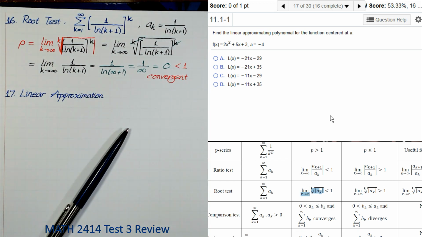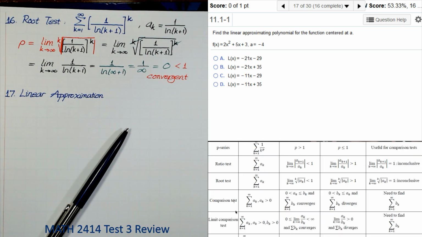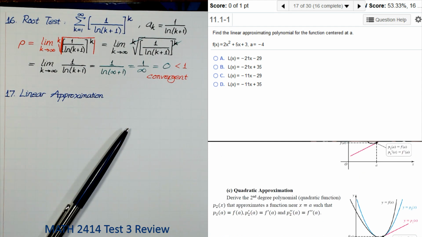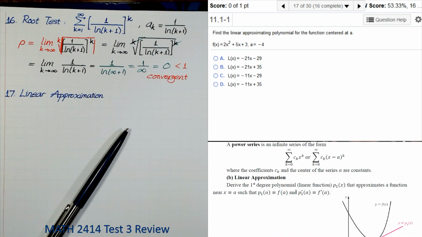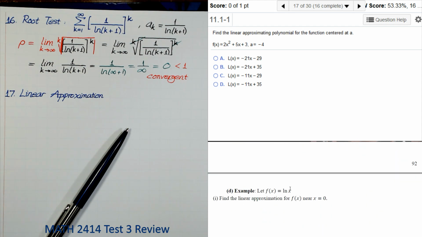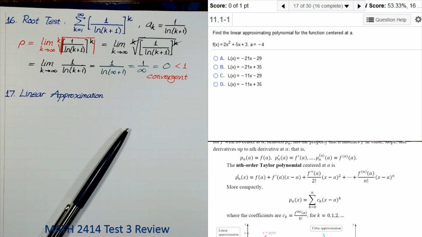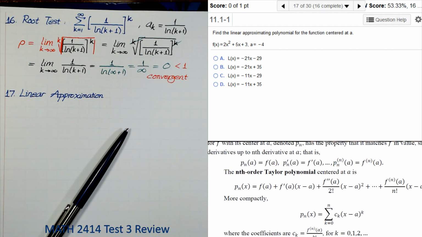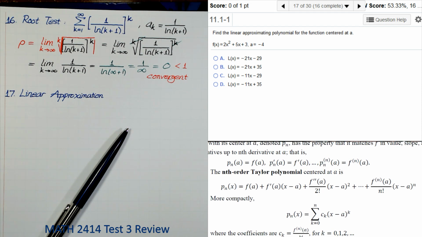And for this part, I'm going to go over the most important things that we need to know, which is the Taylor polynomial or the Taylor series. Yeah, there's a formula for linear approximation and quadratic approximation, but ultimately it's going to be this in general, and also the Taylor series that we do later.